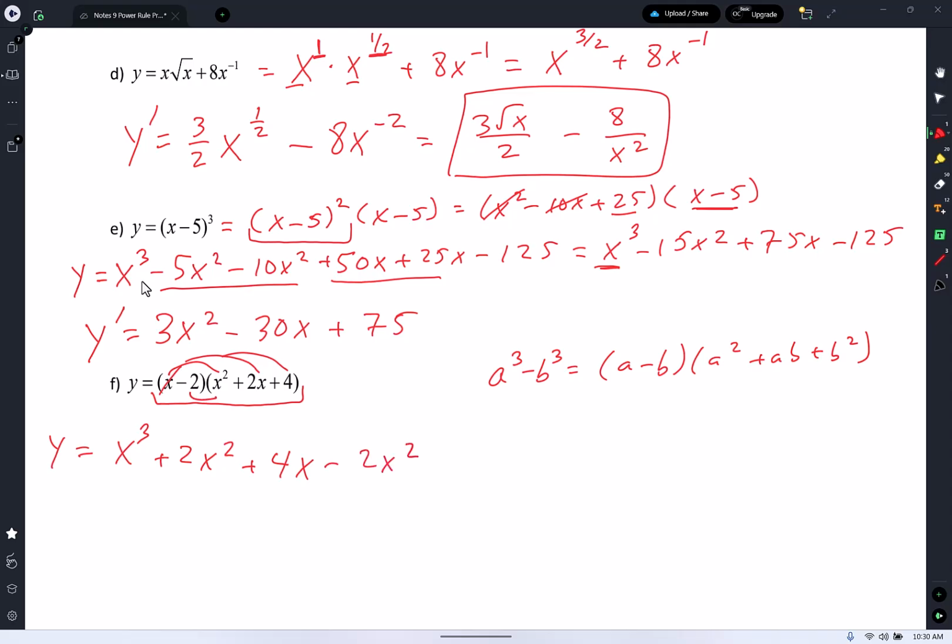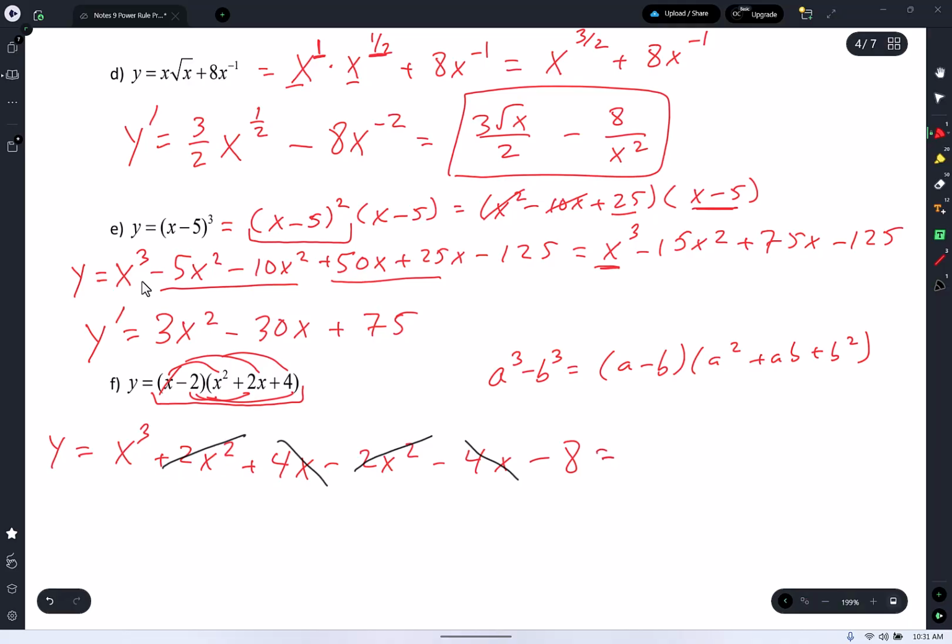Minus 2x squared minus 4x minus 8. What zeroes out? Positive 2x squared, negative 2x squared. Positive 4x, negative 4x. Notice that all you have left is x cubed minus 8.